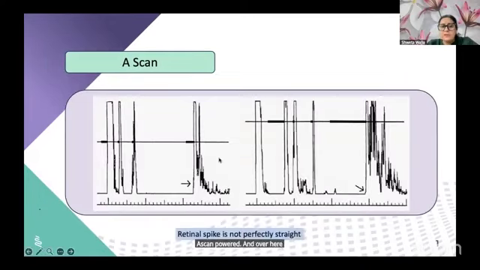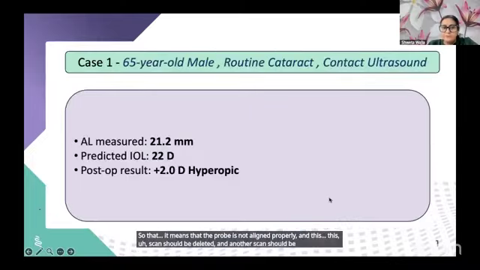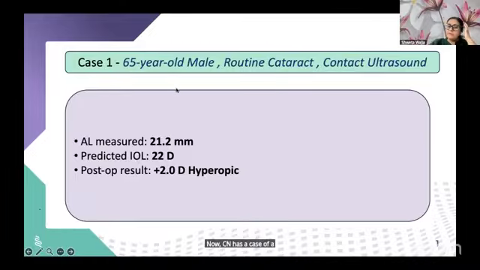Now over here you can see that the retinal spike is not perfectly straight. That means the probe is not aligned properly, and this scan should be deleted and another scan should be taken.